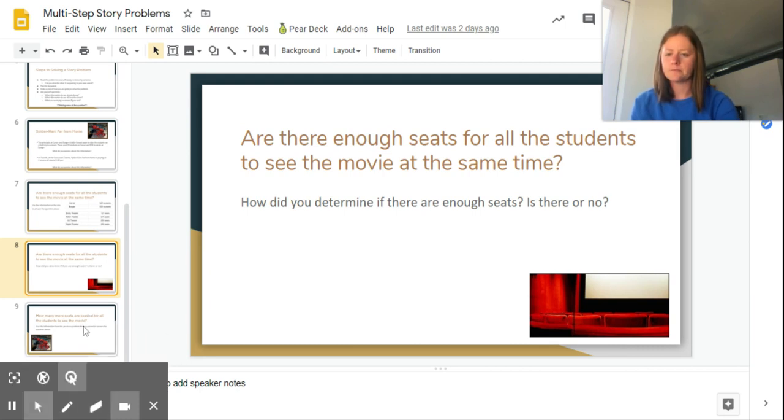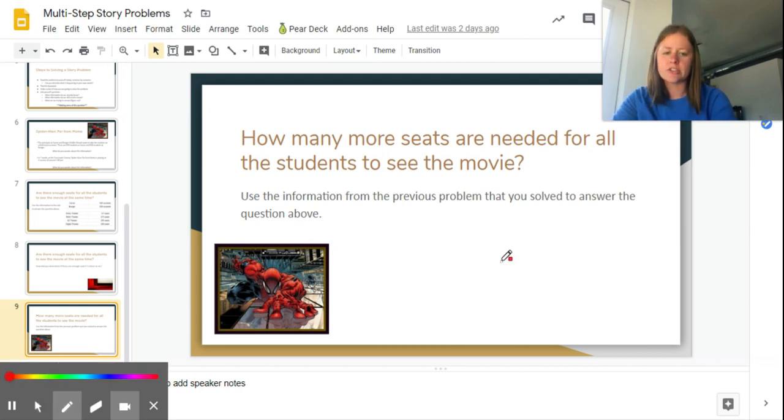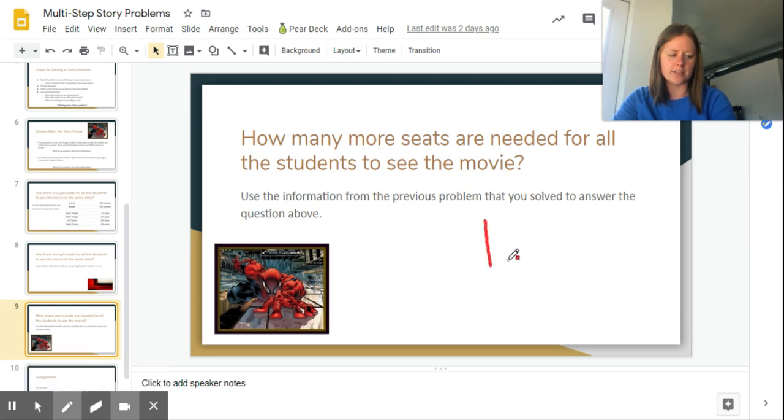Number 9 says, how many more seats are needed for all the students to see the movie? It says to use the information from the previous problem. We knew how many students there were: 1,134.